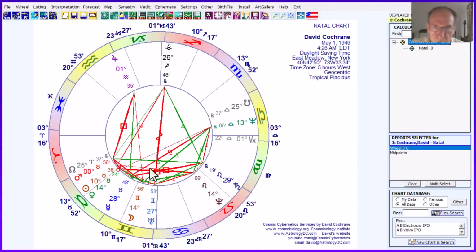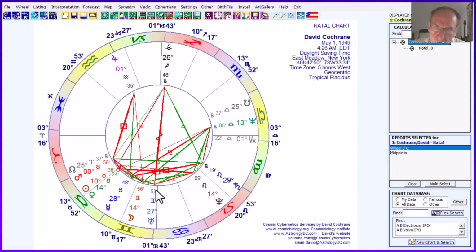And also, there are some hard aspects going on here. The Sun and Pluto are very weakly, well, you may not think it's so weak, 3.5 degree orb, but Sun is square Pluto, and Sun is sesquiquadrate. You see this red line here? Not super thick because it's not super strong, but Sun is aspected to Vesta.